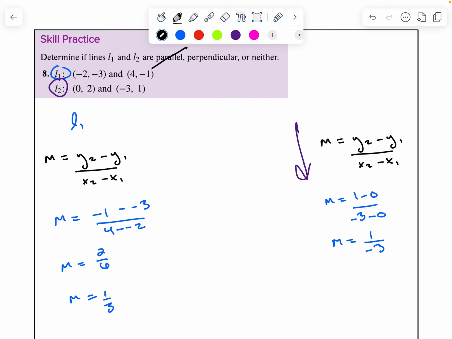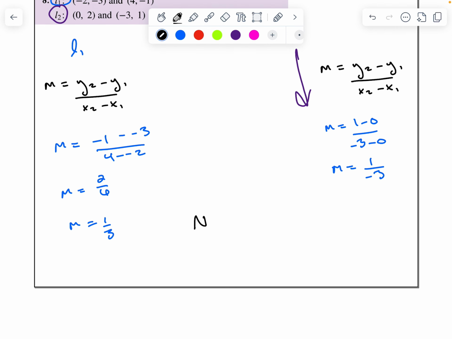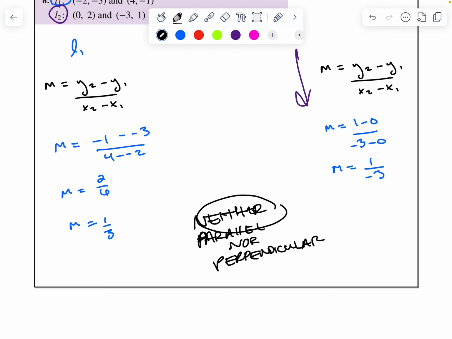Yes, one's positive, one's negative. Are they reciprocals? No. We didn't flip that fraction, so they're not reciprocals. They're actually not perpendicular, so these are neither parallel nor perpendicular. They're neither.